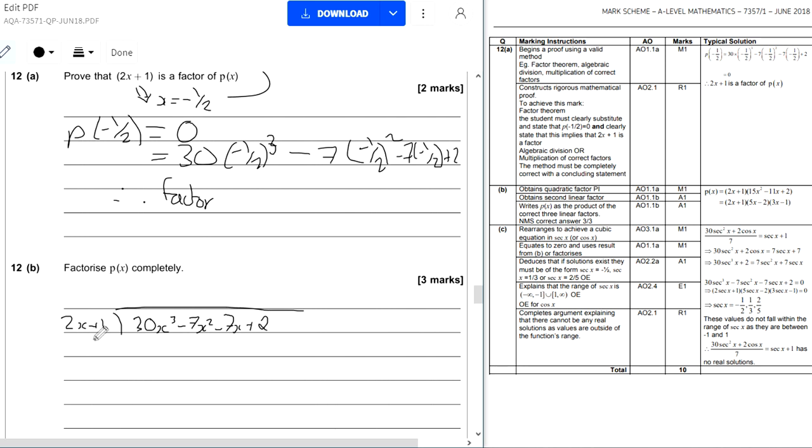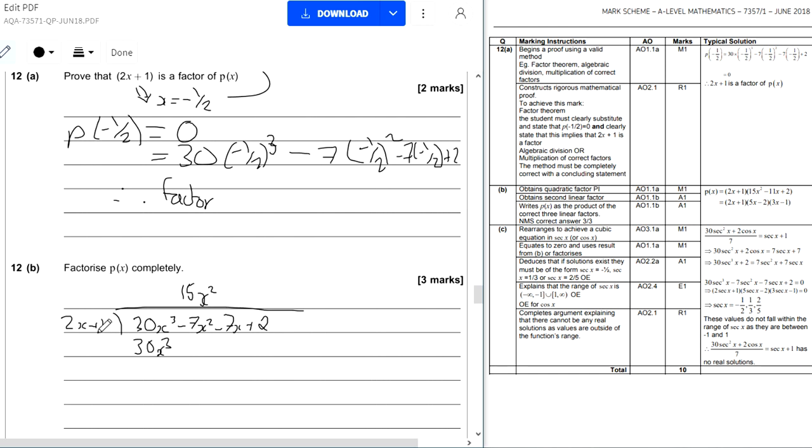And what you're trying to do is see what you have to times by to get this. And you're always looking at your highest term. So in this case, our highest term is 2x, and we're trying to get to 30x cubed. So to do that, I'm going to times by 15x squared, and then the x squared column is here.